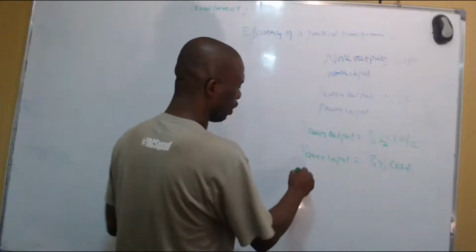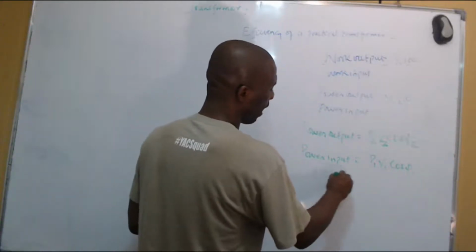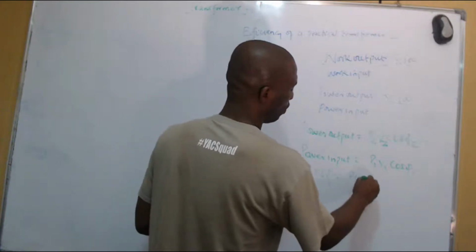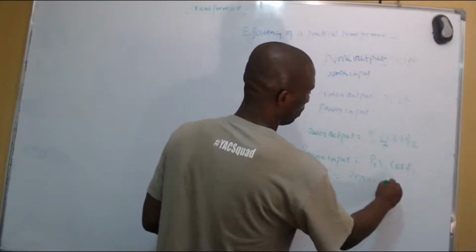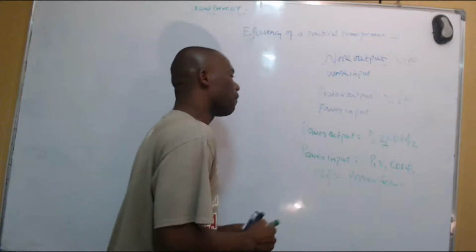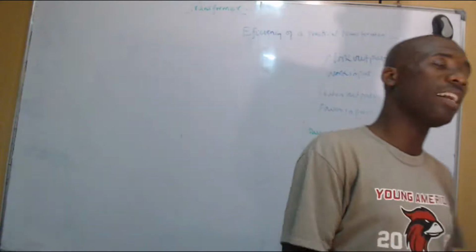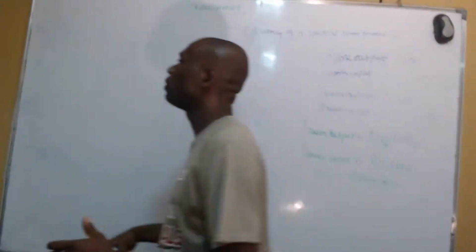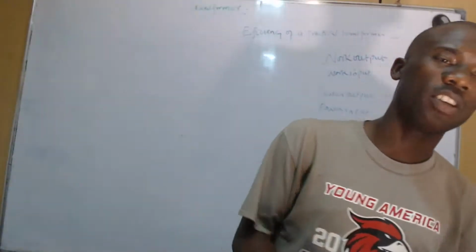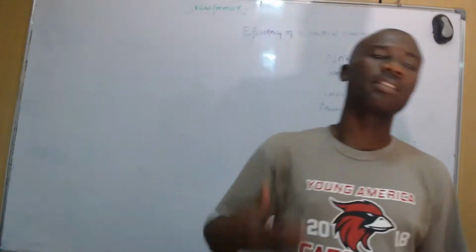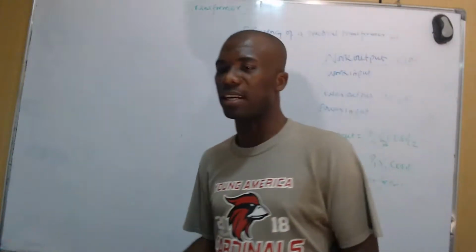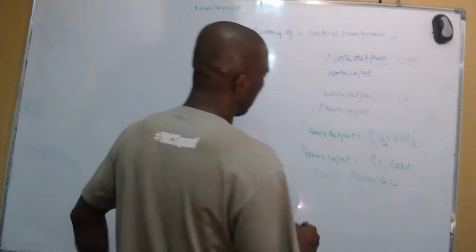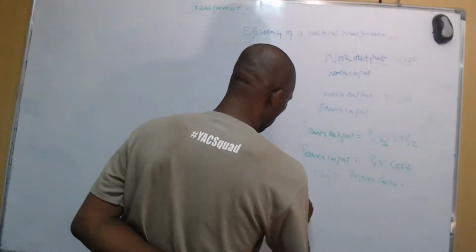Now, cos phi, as we all know, is power factor. Since a transformer is an inductive load, its power factor is always lagging, so it needs to be improved in order to increase the efficiency of the system.